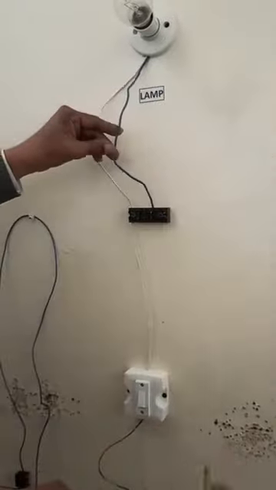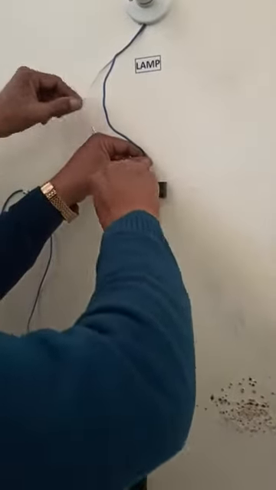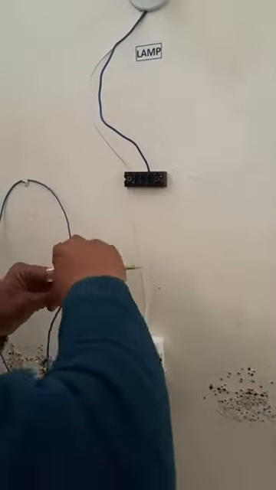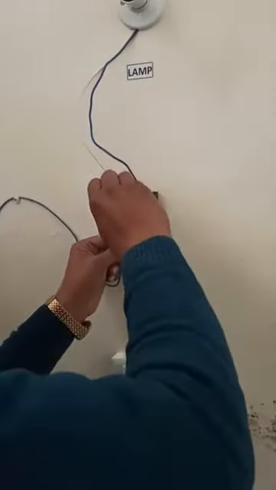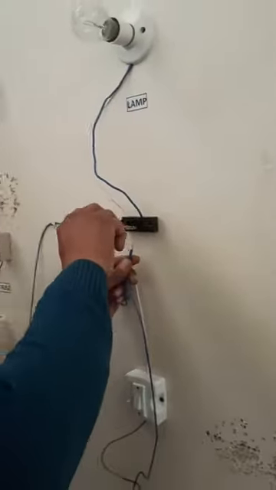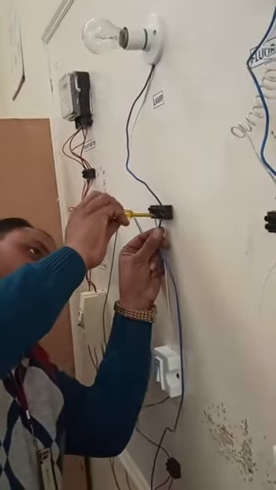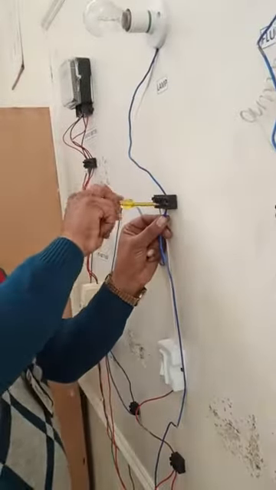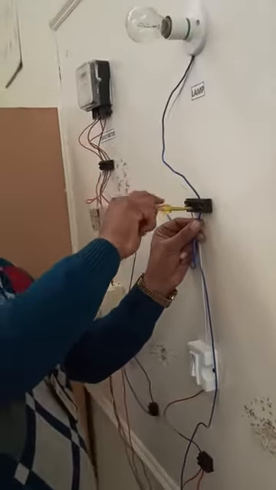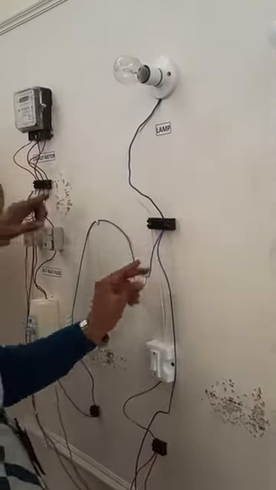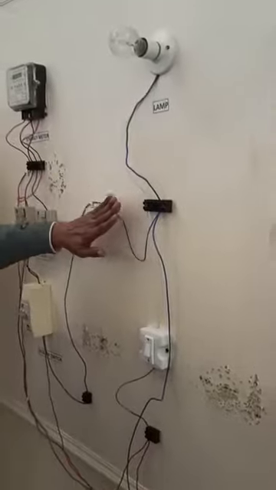And the other wire is neutral, and it will be connected to the neutral wire. So the first lamp has been connected to the circuit.